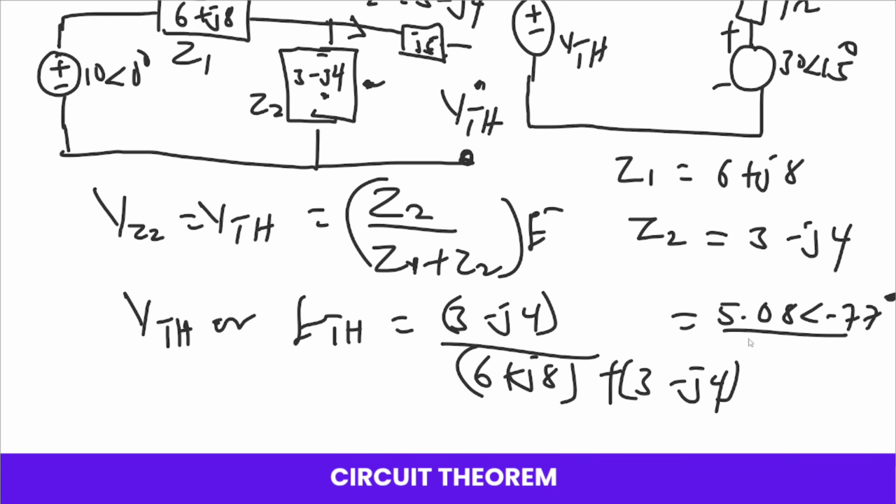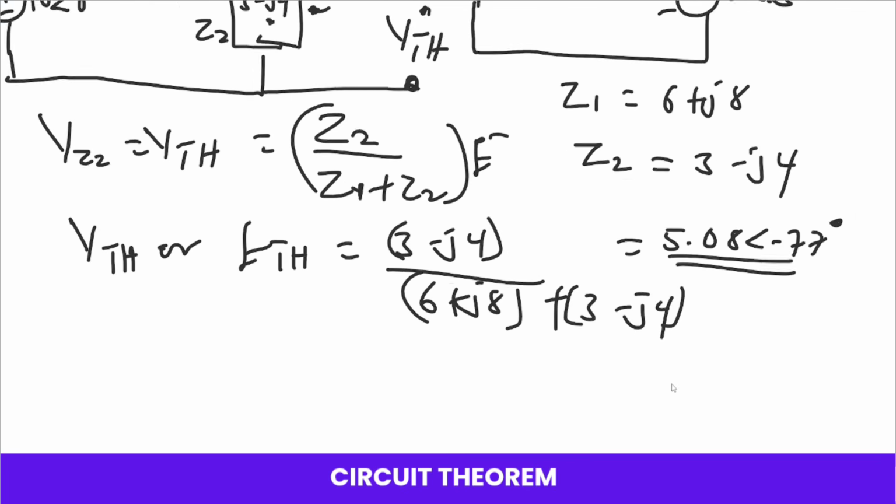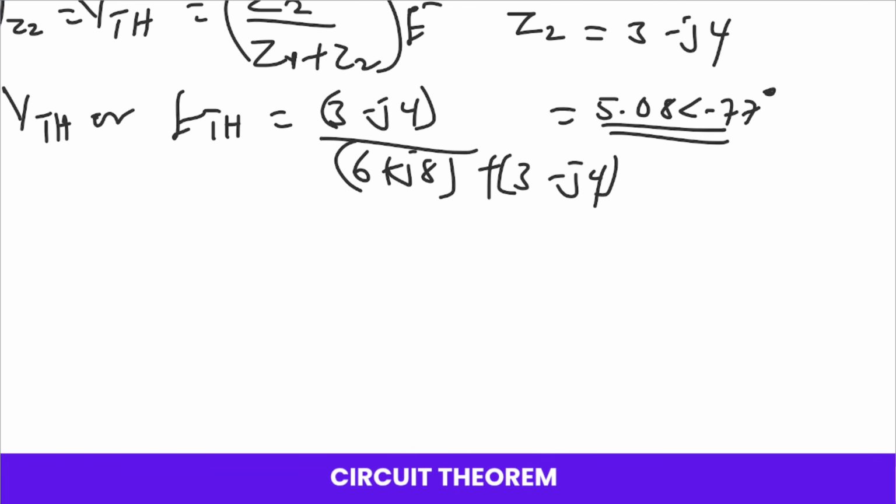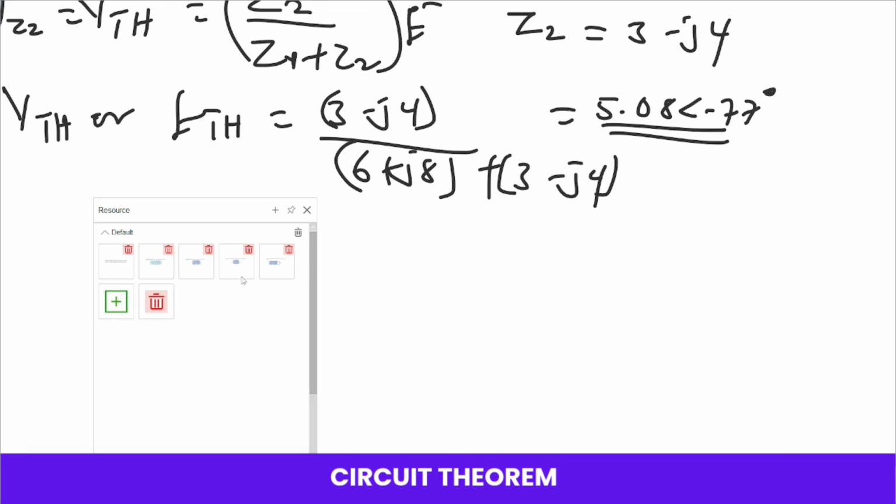You can use your calculator to do it. You just send it to complex numbers, input the whole of this, and change it to the radius with its argument. So that's the parameter for VTH. Let me just put the circuit back there again.